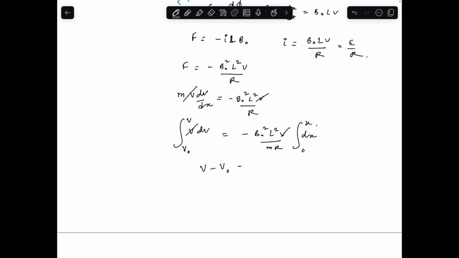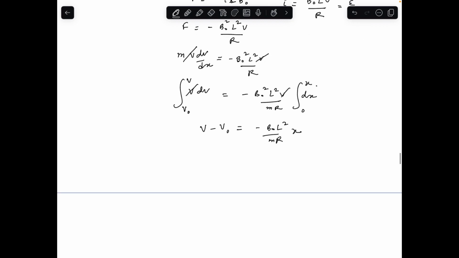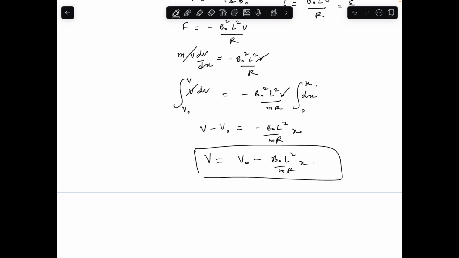So V minus V naught equals minus B naught square L square by mR into x. So I can write V equals V naught minus B naught square L square by mR into x. So basically V equals V naught minus Kx, where K is a constant, or you can write Cx.